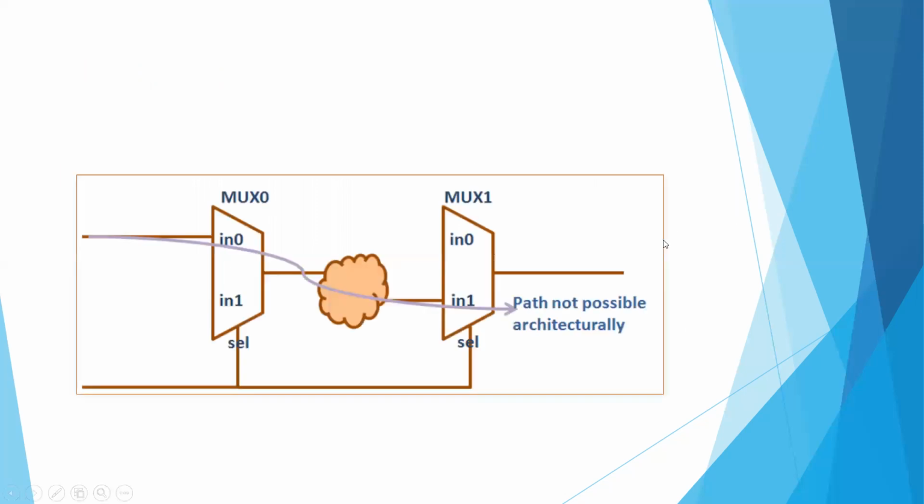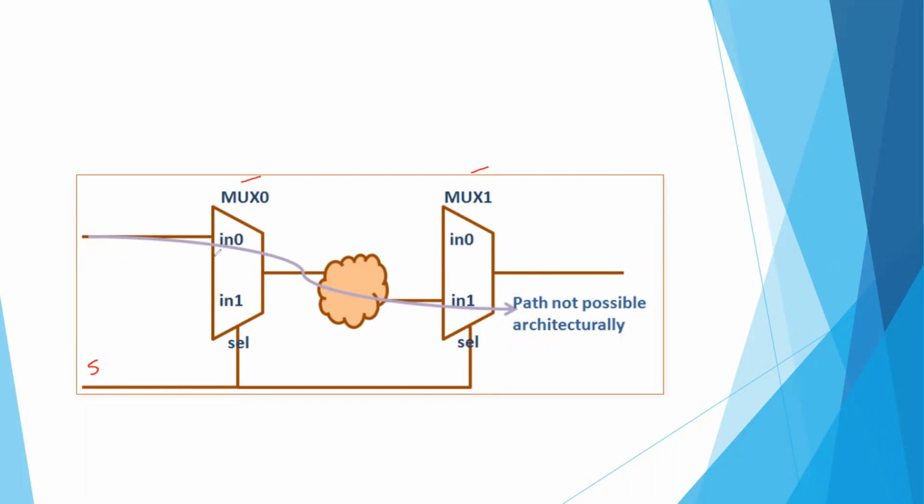Some examples of this in a design are like you can see here: two muxes are there, mux 0 and mux 1. Both are 2:1 muxes, with two input lines and one output line. The output of the first mux is given to a combinational circuit, and then it is given to the second mux. You can see that the select lines of both the muxes are tied together and given a common input select.